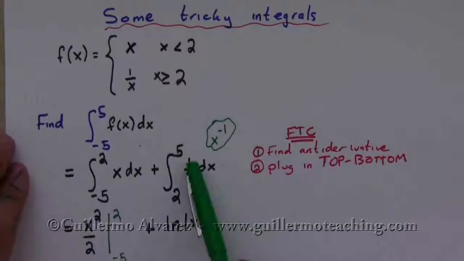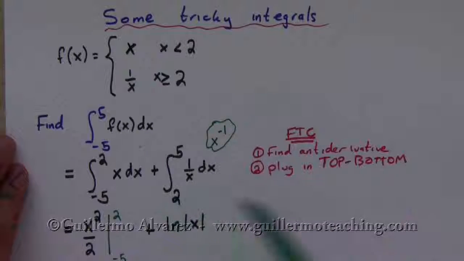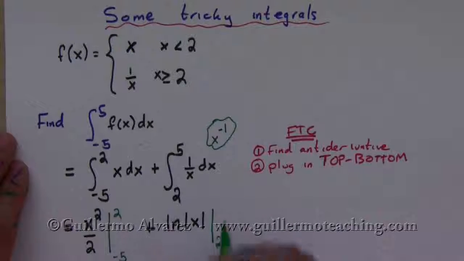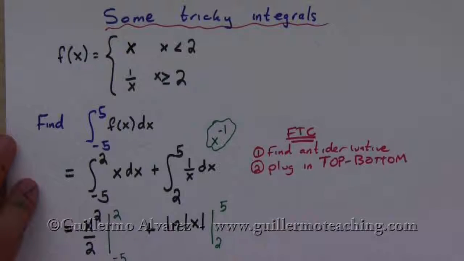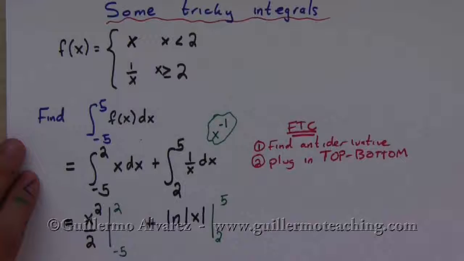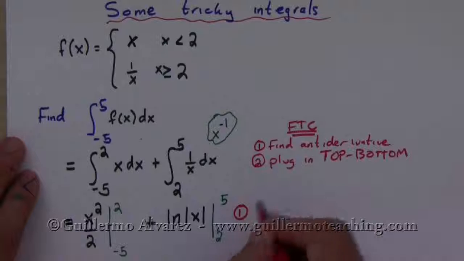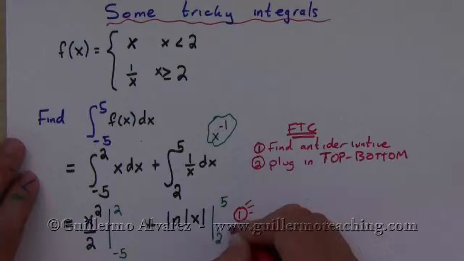So the antiderivative of 1 over x, and also x to the -1, which is exactly the same, is natural log of the absolute value of x. And this is going to be evaluated from 2 to 5. Alright, so that was step 1 of the fundamental theorem of calculus. That's what we just did.